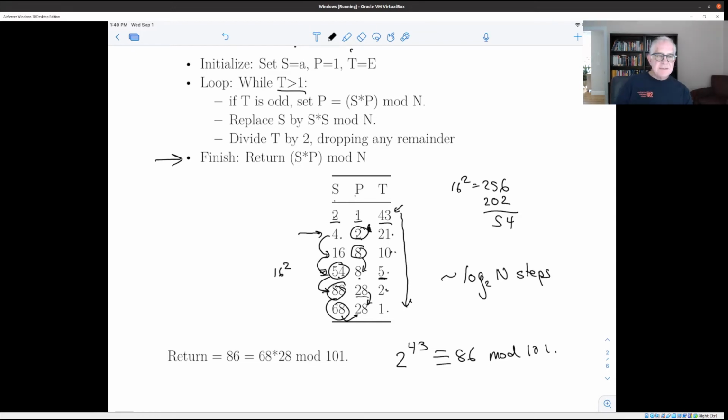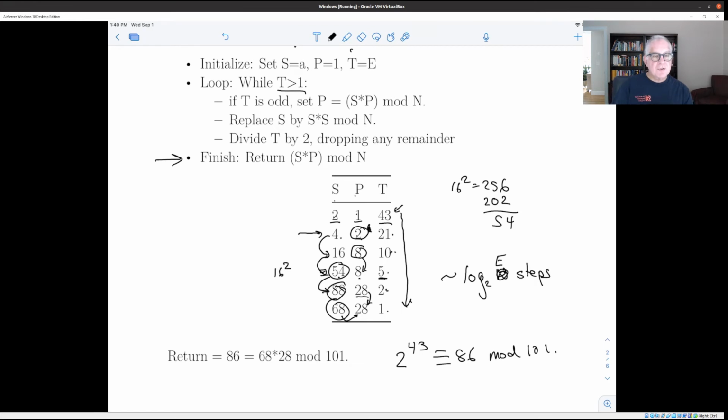So instead of taking e steps, where you have to do 2 times 2 times 2 times 2 times 2, it takes the log base 2 of e steps. That means that if you were raising something to on the order of 1,000, instead of taking 1,000 steps, it would take 10. If you were raising something to the order of 1,000,000, instead of taking 1,000,000 steps, it would take 20 steps.